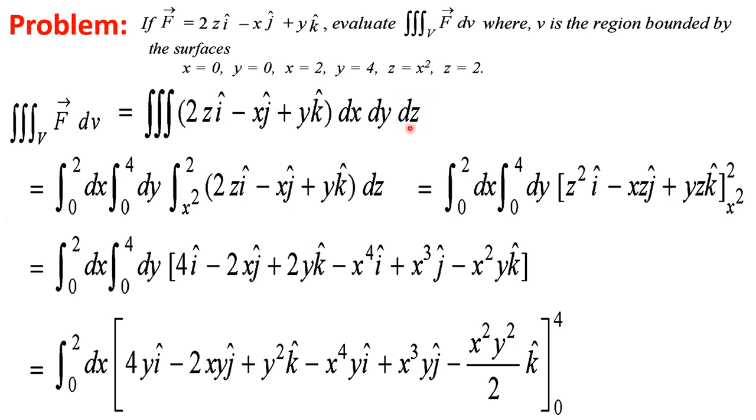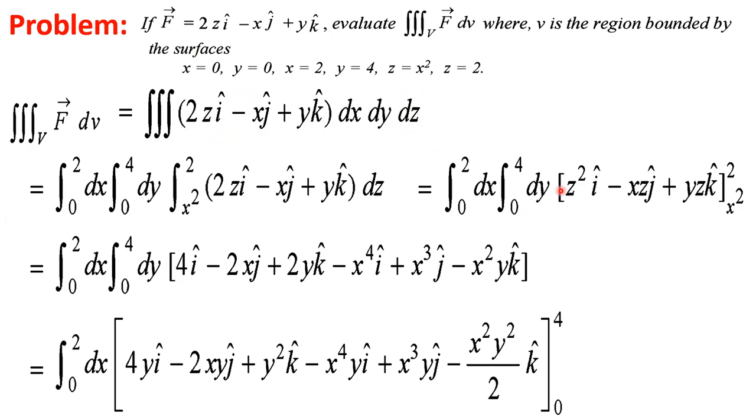So first I have to integrate with respect to z. I have to integrate this whole function, this whole bracket, this whole F with respect to z. Look here, I have z. Integrating this with respect to z will give me z squared by 2, and z squared by 2 will cancel this 2.